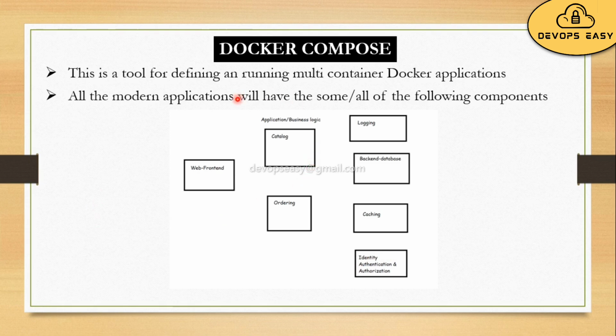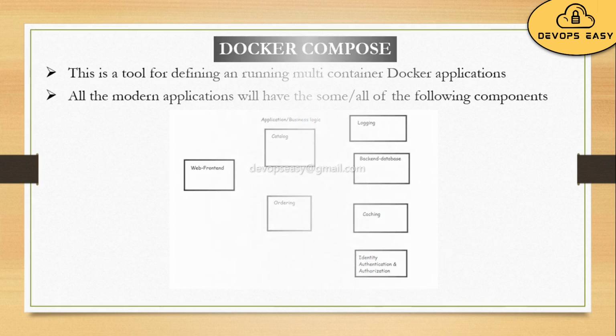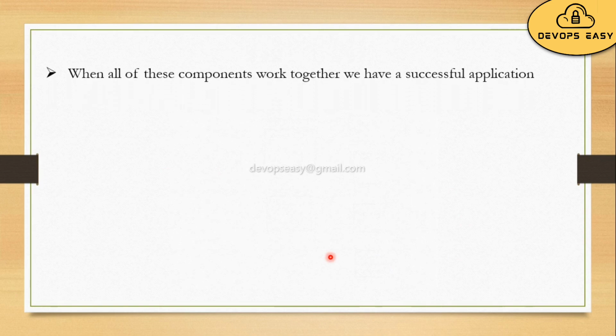So for every application we will have different components. This combination of components will be one complete application. When all these components work together, we have a successful application. In Amazon we will have catalog, in Amazon we will have order. Everything combined together is called a successful application.